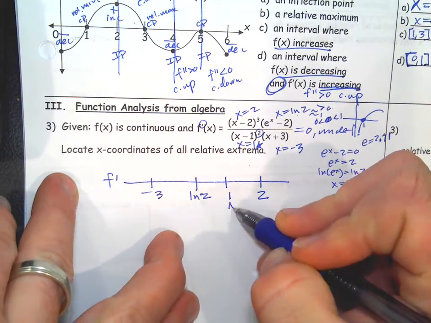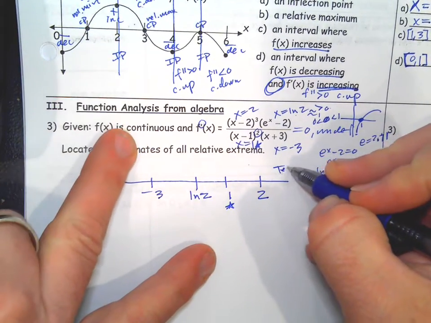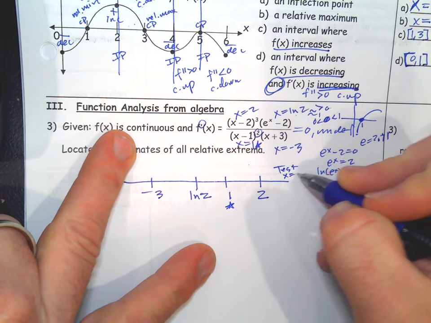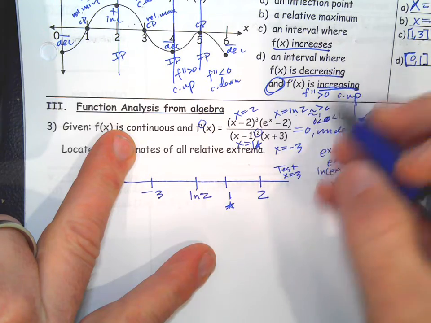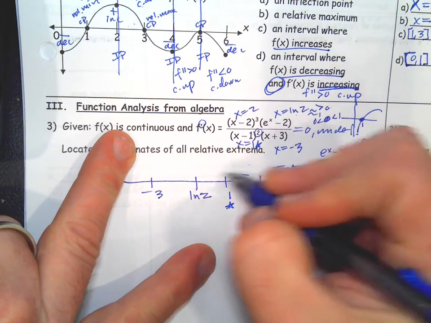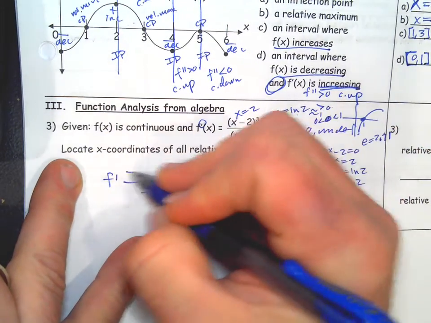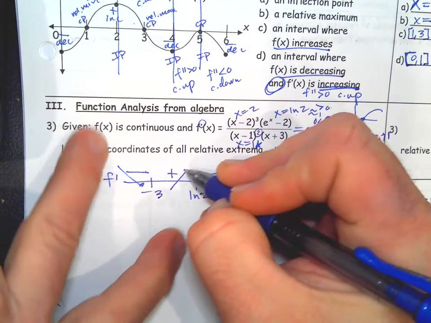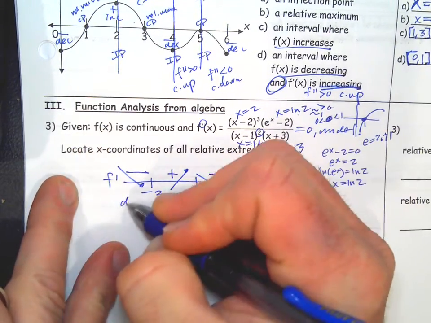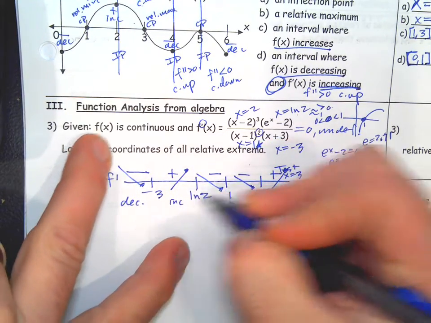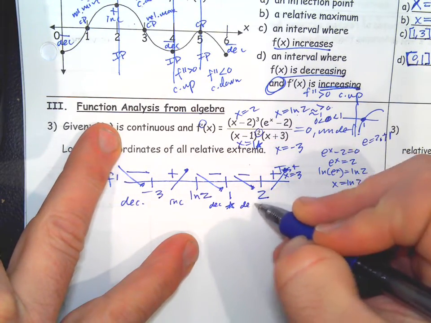Don't forget this guy bounces. Test a value. I like to test far right, usually 3: positive, positive, positive, everything's positive, negative, negative, positive, negative. So we're decreasing, increasing, decreasing, decreasing, increasing.